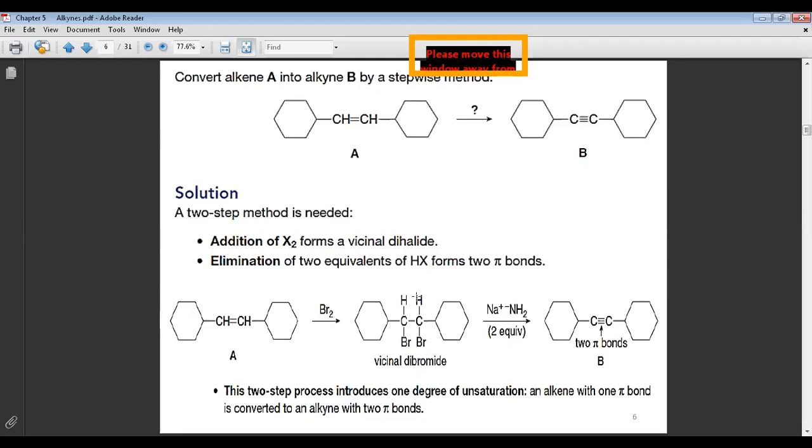This H and this Br will be removed to make another pi bond, finally giving you the triple bond. This two-step process introduces 1 degree of unsaturation, and the second elimination gives another degree of unsaturation, finally giving you the triple bond.